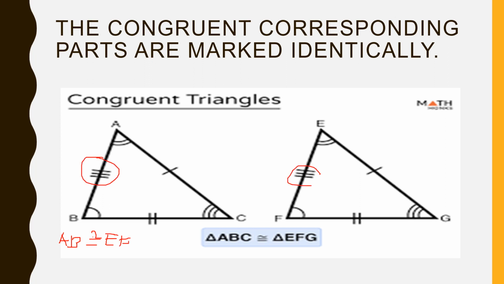Then BC is congruent to FG, and AC is congruent to EG.